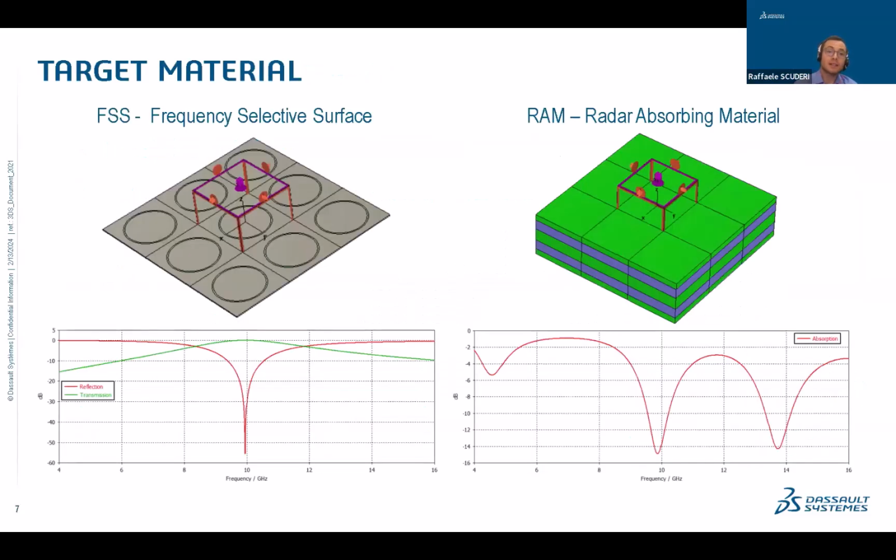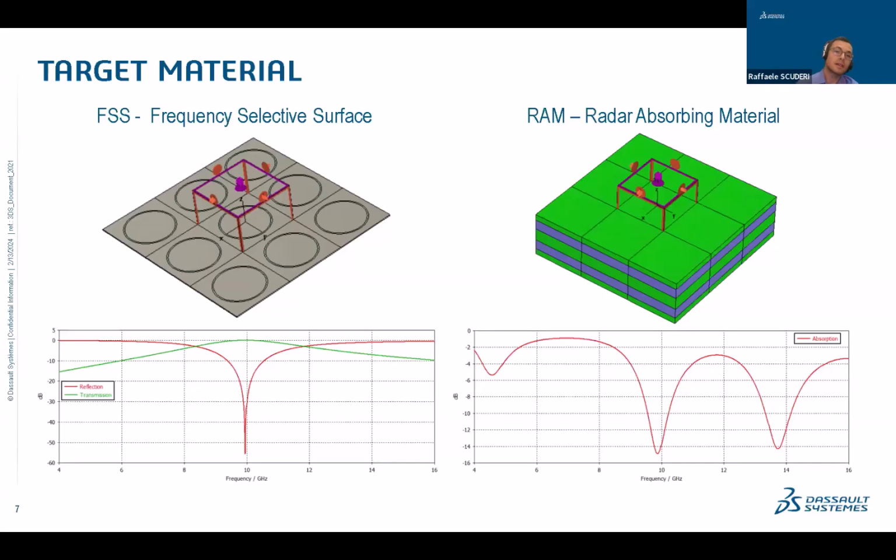So target material, we said very important, was the second item in the list. And one typical solution for controlling the radar signature is indeed using materials appropriately designed to be transparent or reflective based on the frequencies, okay?